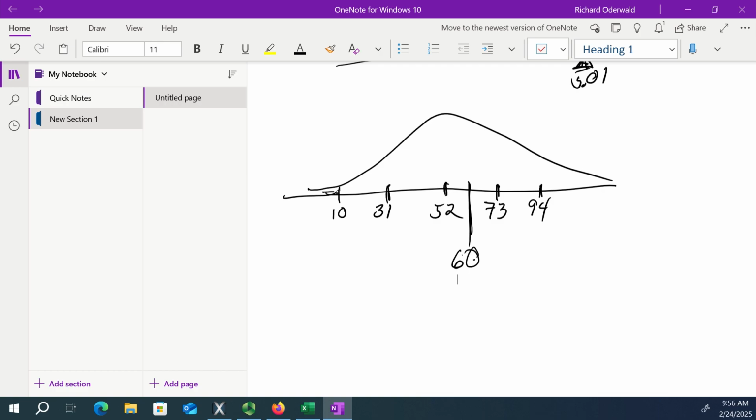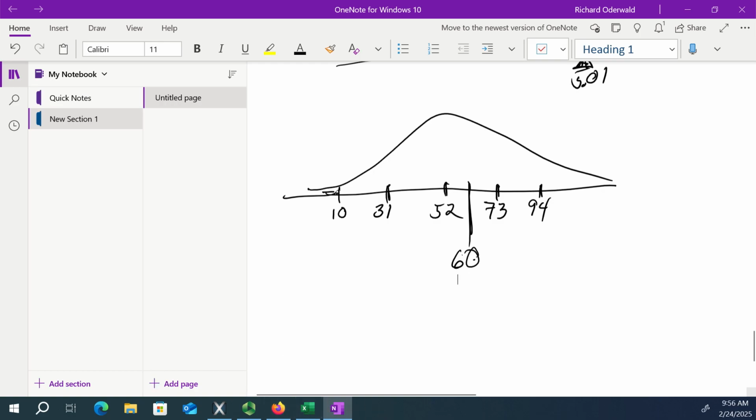This is not quite there. What is to the left of 52? 50%. All right, so I know I got 50 here. I'm not quite up to this, so I know it's got to be between 50 and 84, all the way back. So I've got an estimate.